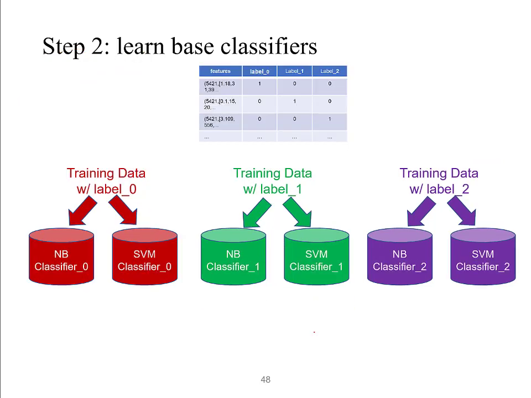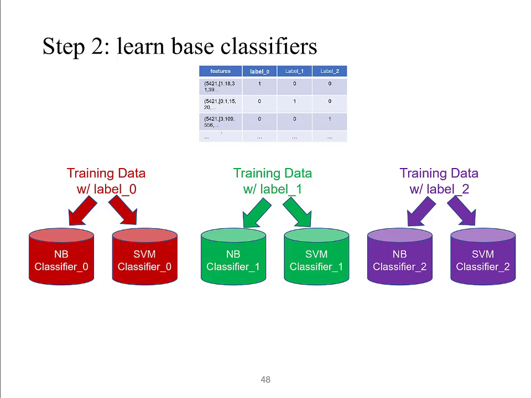We also need to train the base classifiers for the prediction phase. In that case, we use the whole data set with features and labels 0, 1, 2 as the input. Similarly, we train the data with label 0, label 1, and label 2, and generate the naive Bayes classifiers and SVM classifiers.